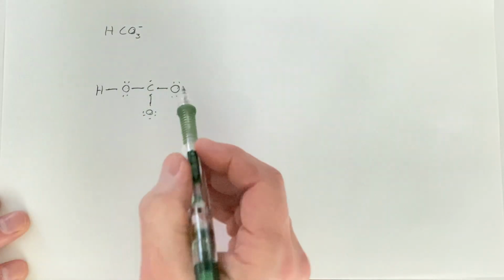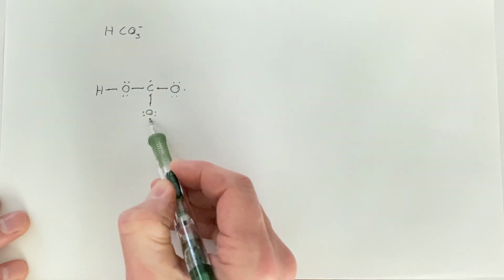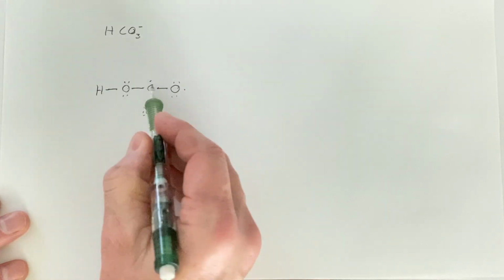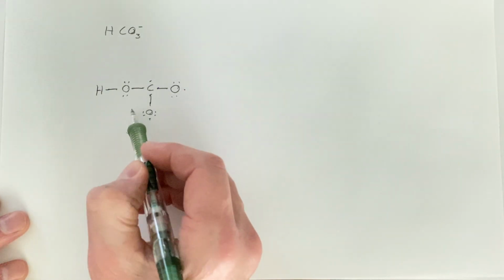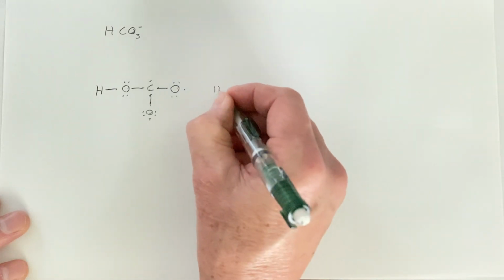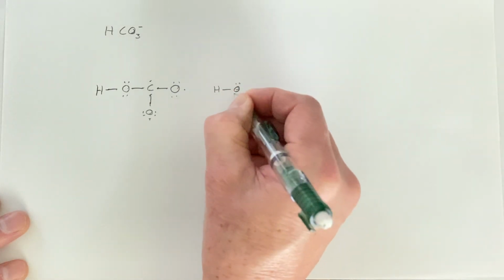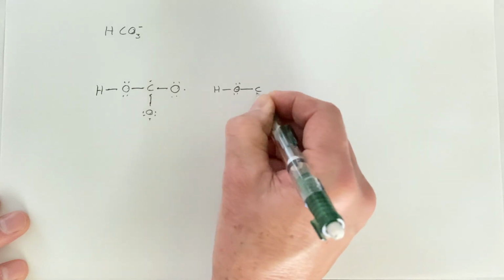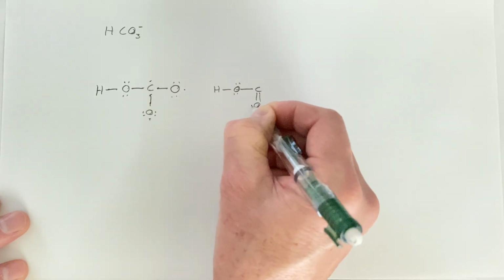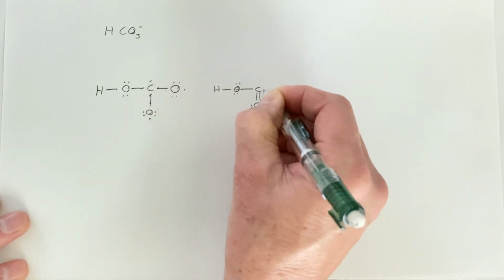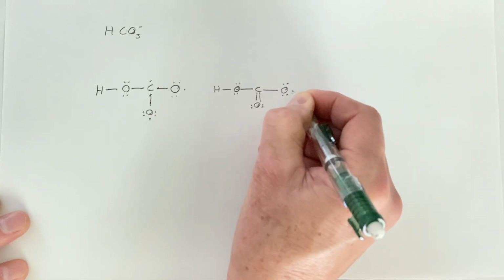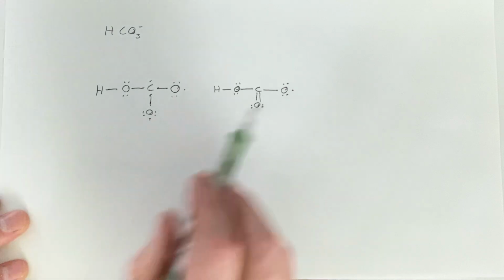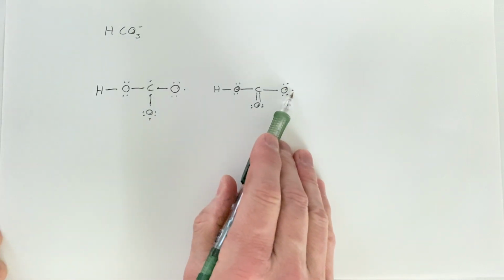And we see that we have an unpaired electron here, here, and here. We'll make a double bond between this carbon and that oxygen using this electron and that electron. And we're seemingly left with this unpaired electron.